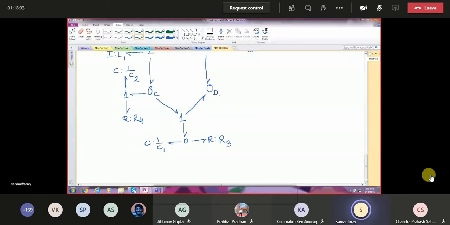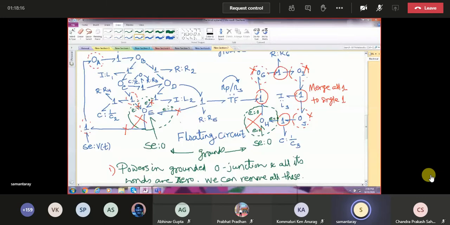And on the other side, in 0D, you have 0D, then 1, then I is to L2. The other bond is removed. So now this 1 junction has only two bonds. So we will connect 0D directly to I is to L2. And 0D will be connected to another 1 junction, R is to R5.